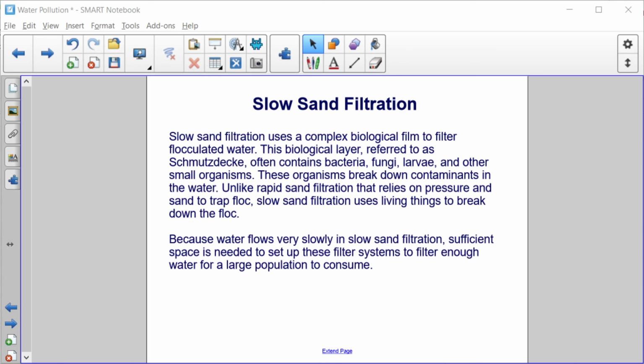Unlike rapid sand filtration that relies on pressure and sand to trap floc, slow sand filtration uses living things to break down the floc. Because water flows very slowly in slow sand filtration, sufficient space is needed to set up these filter systems to filter enough water for a large population to consume.